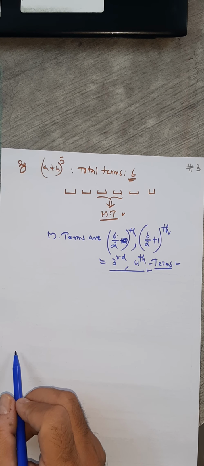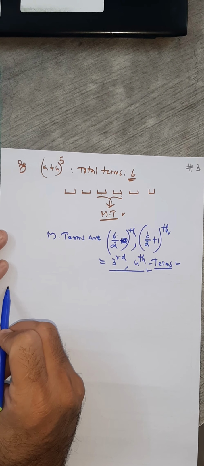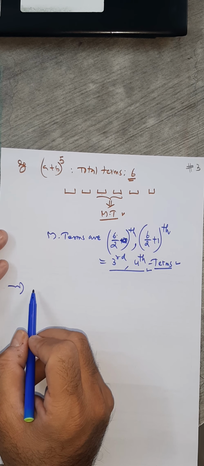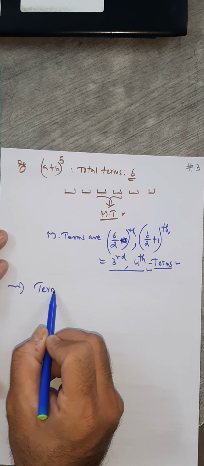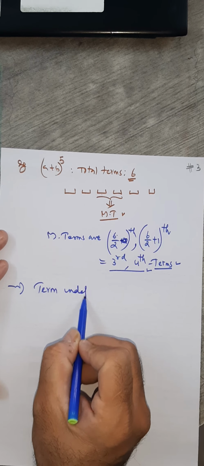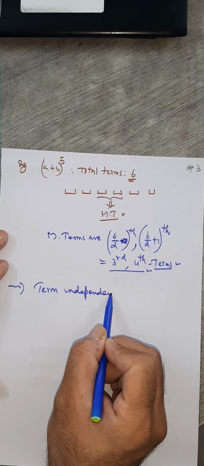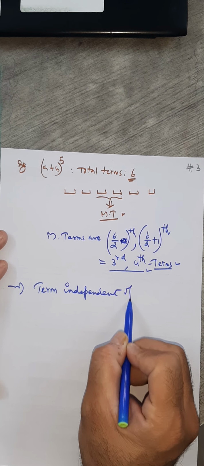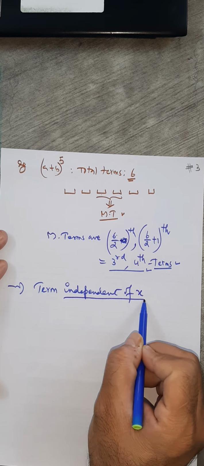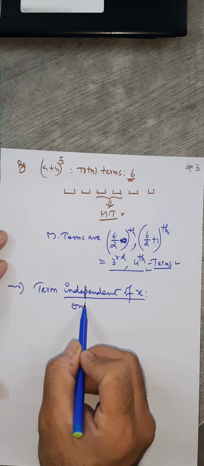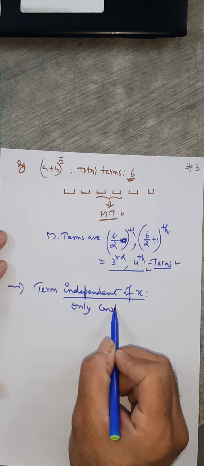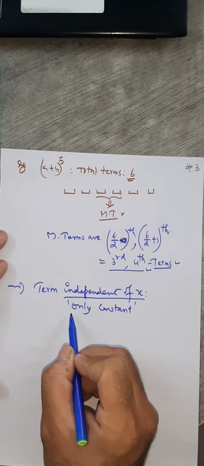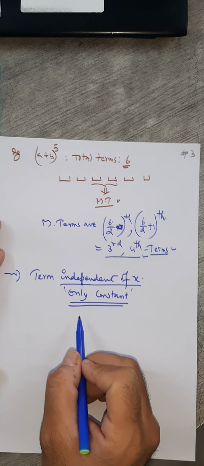Sometimes we have one more word, that is the term independent of x. Independent of x means only constant term. It's free from x. Only constant, that is, power of x is 0.